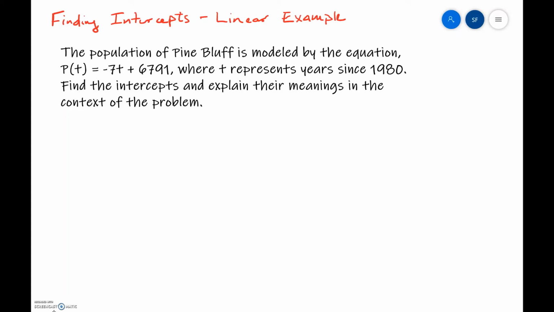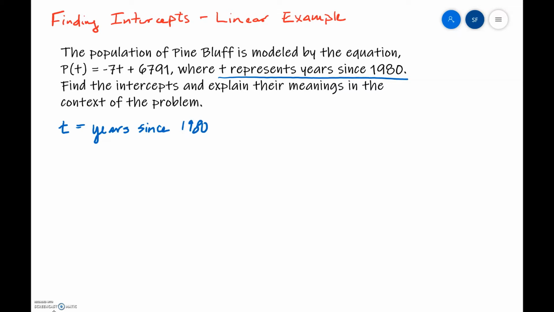Before you get to the intercepts, let's talk for a moment about what all the letters represent. We've got pretty much two letters. T represents years since 1980. It's a shorthand way of figuring years. Instead of putting in the year 1980 and having a big nasty calculation, they simplify things down.